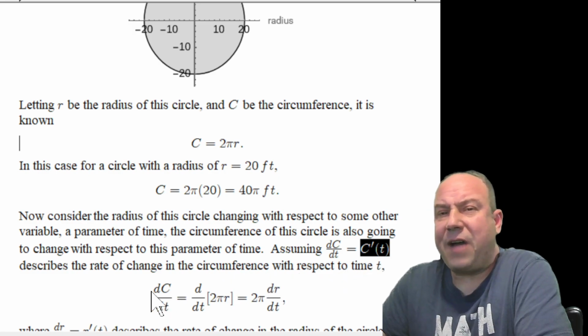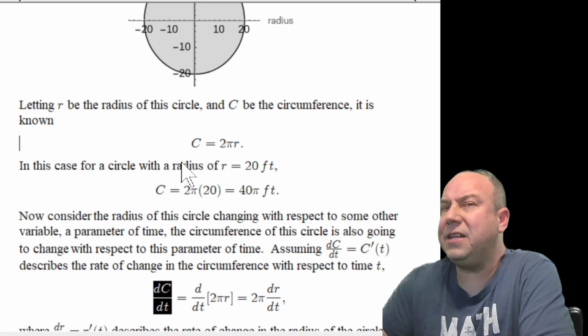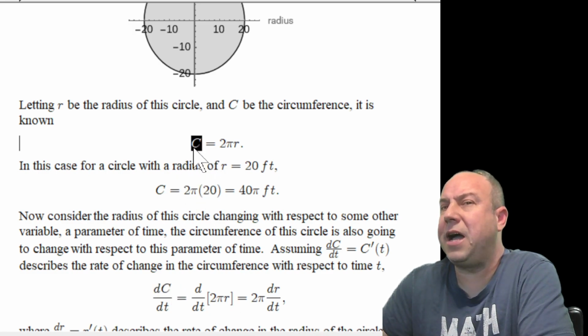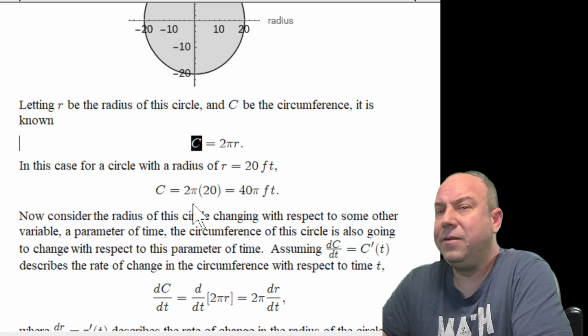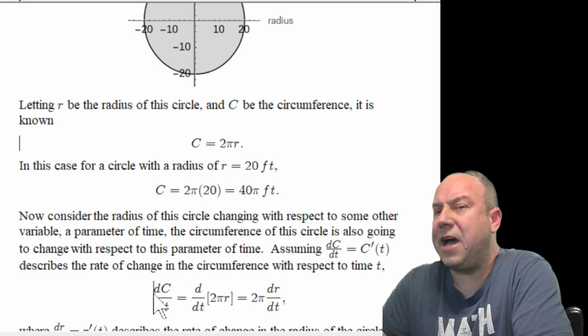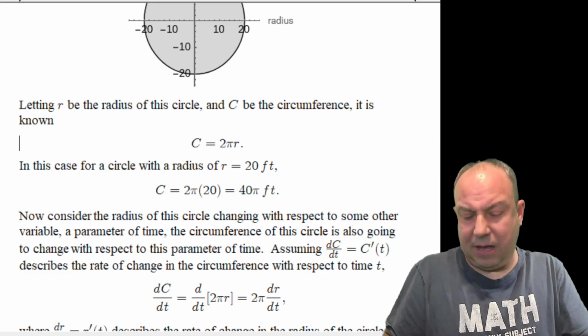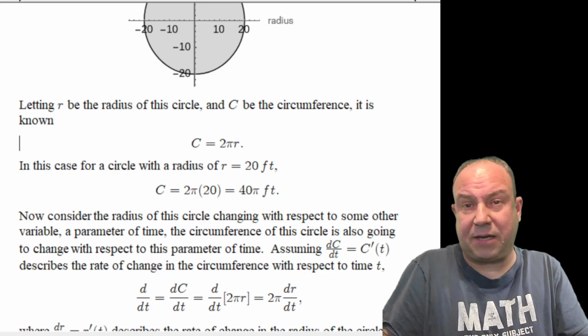If I apply the operator d/dt to the left-hand side of this relationship, to C, then I have to also apply that operator to the right-hand side. Maybe I should note that here. We're going to apply the derivative operator with respect to t to C.